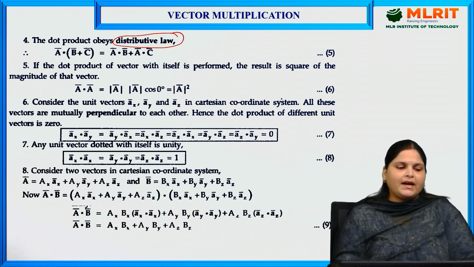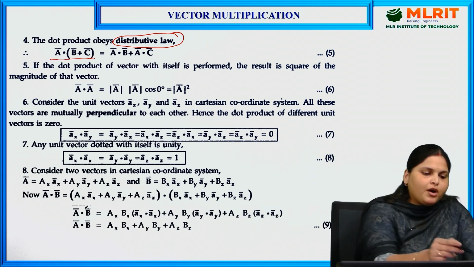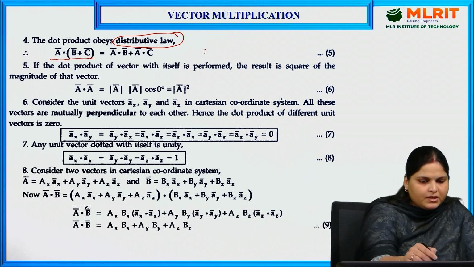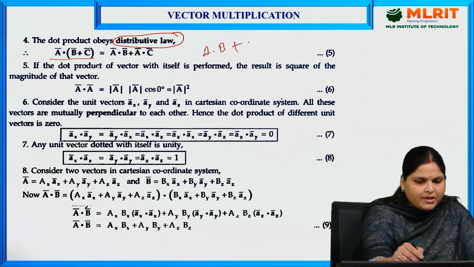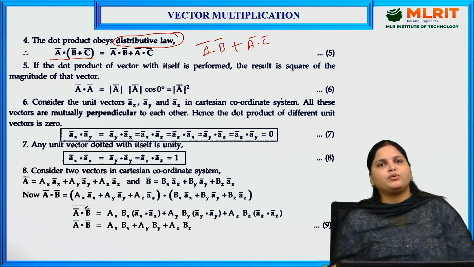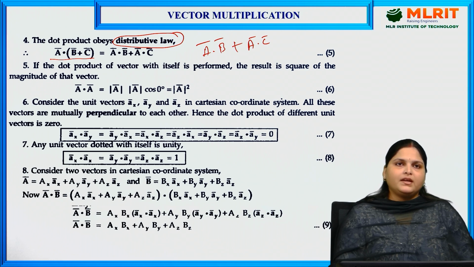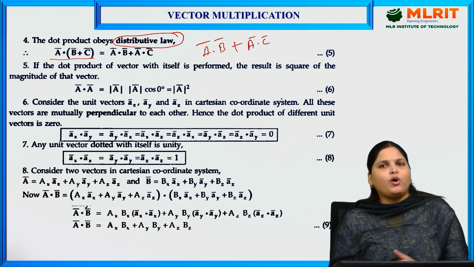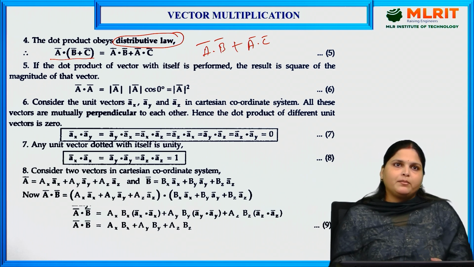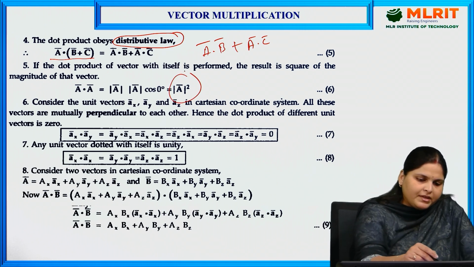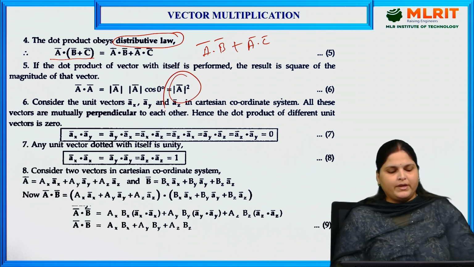That means A dot (B plus C) has the same result as A dot B plus A dot C. So they are distributive in nature. Another property: if the dot product of a vector with itself is taken, A dot A or B dot B, the result is the square of the magnitude of that vector. So A dot A is equal to mod A squared.